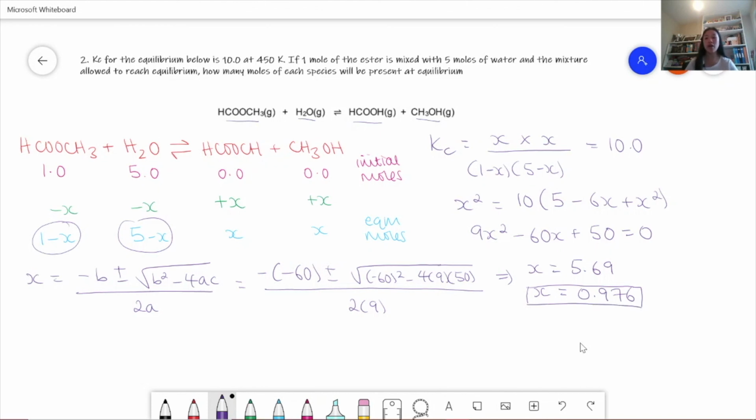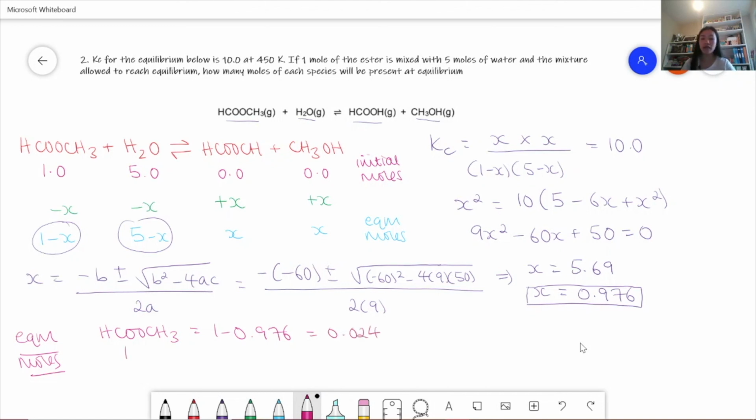And so now we find the equilibrium moles of all of the species just by plugging in the x to our expressions. So we have the equilibrium moles. The ester will be equal to 1 minus 0.976, which is 0.024.